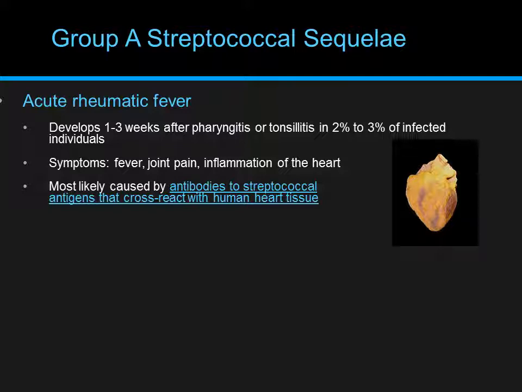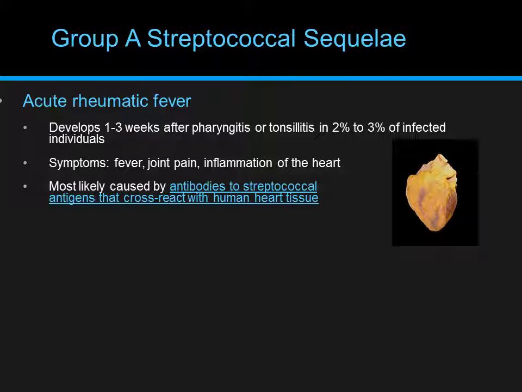So one is acute rheumatic fever, which can develop a couple, 3 weeks after pharyngitis or tonsillitis. Symptoms are fever, joint pain, and heart inflammation.